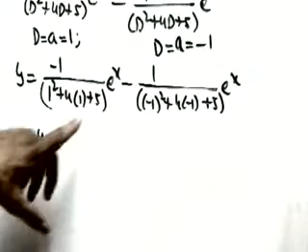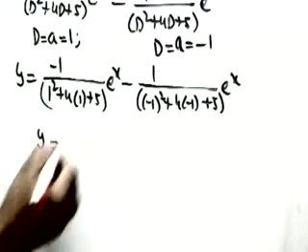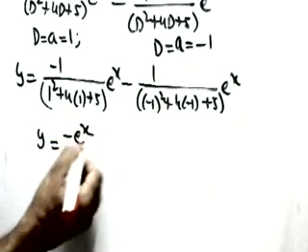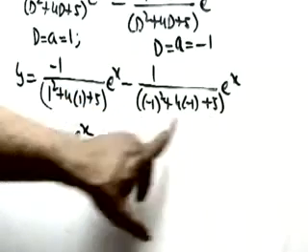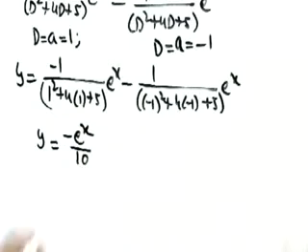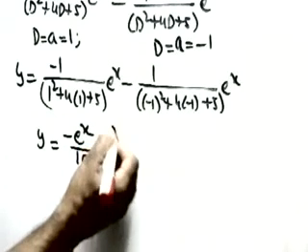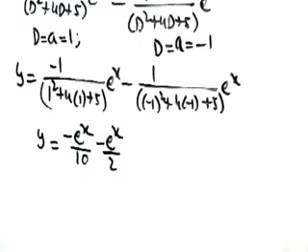Here 5 plus 5 is 10, so it will be minus e power x by 10. And here 5 plus 1 is 6, 6 minus 4 is 2, so this will be minus e power minus x by 2.